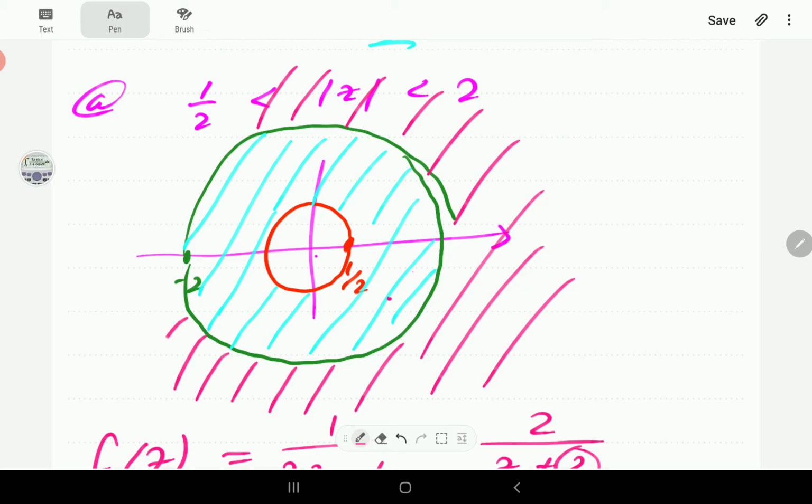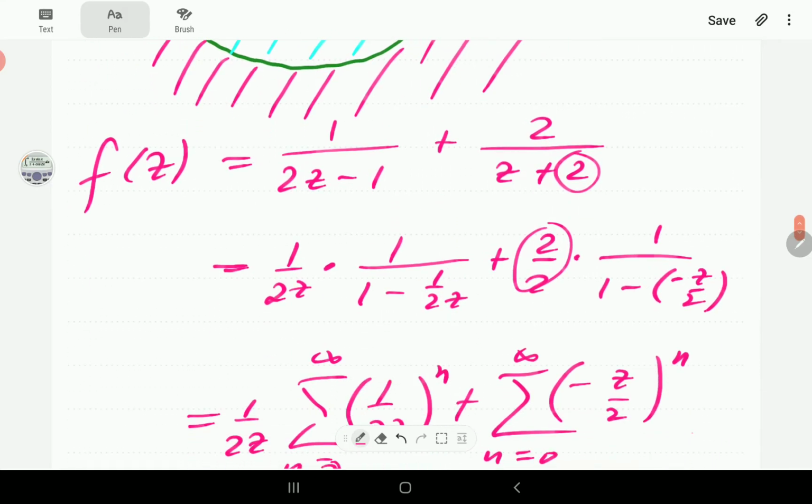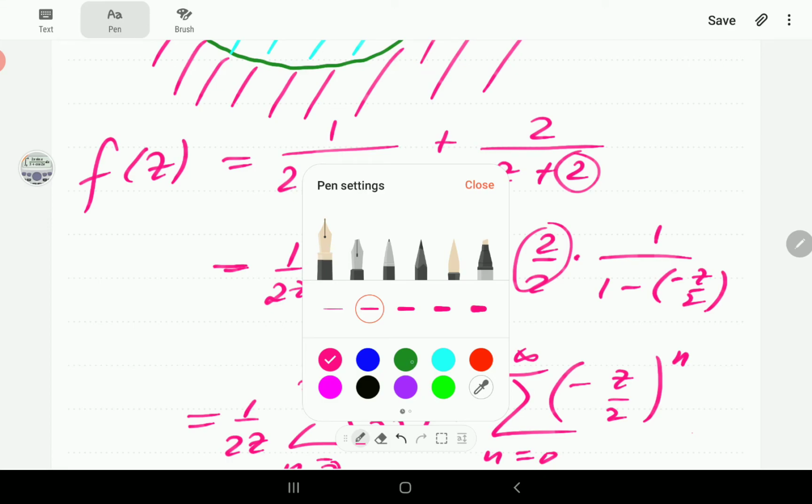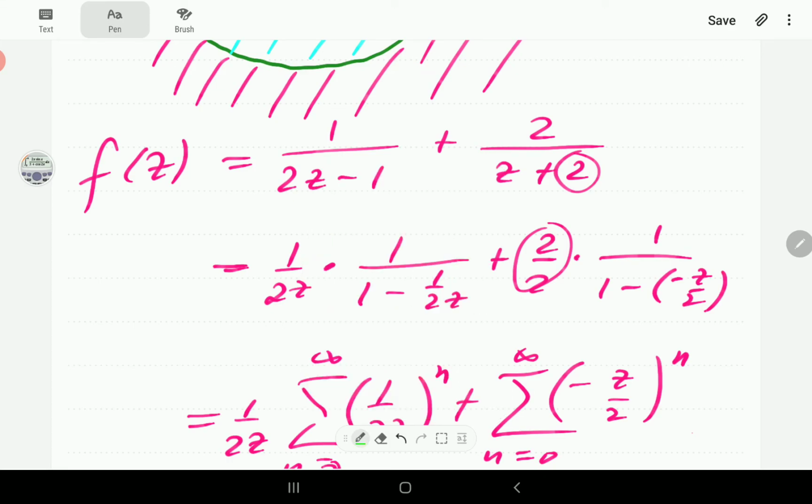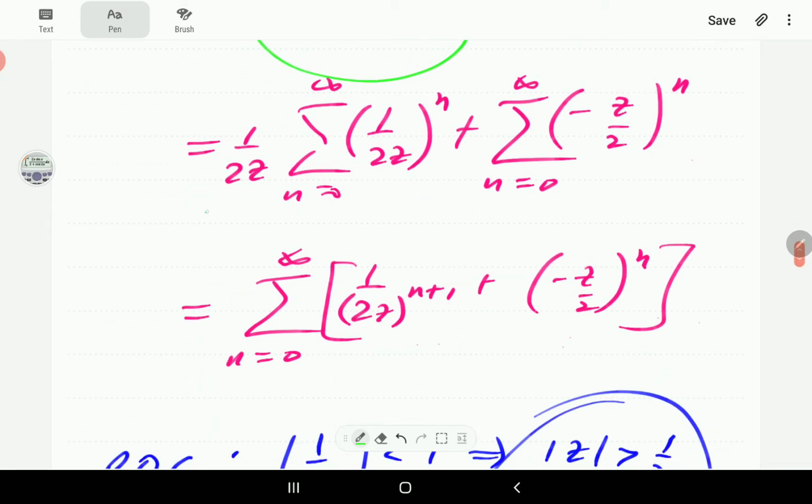So the region, of course, outside the green circle is also outside the red circle. So for the red circle, the series valid outside, we have already derived that one here. So that's going to be given by this term.